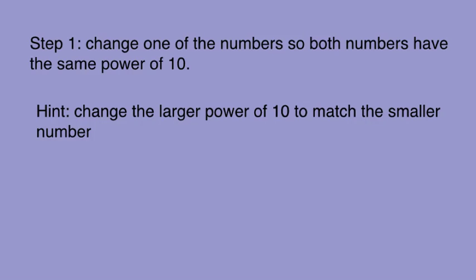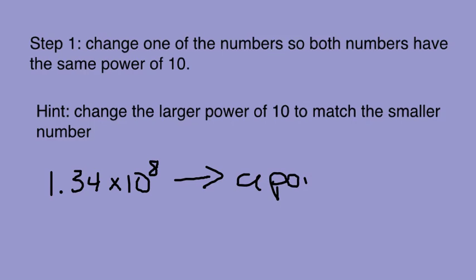So I'm going to change one of my numbers, the exponent, I want to make them equal. So here's my hint to you. You're going to take the larger power of 10 to match the smaller power of 10. So 1.34 times 10 to the 8th needs to become a power of 10 to the 6th.